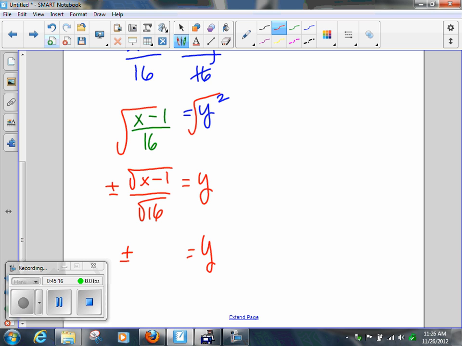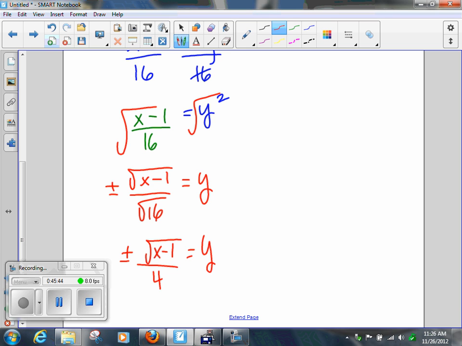And folks, what will our inverse be? Plus or minus the square root of x minus 1 over 4. And that's our inverse. That's how we find the inverse algebraically. Now, what's it going to look like with our calculators? What do we have to be careful about here? The plus or minus.